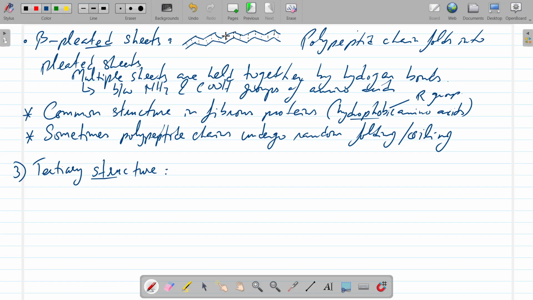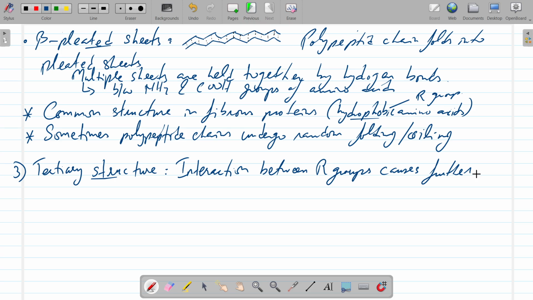The tertiary structure is where interactions between R groups cause further folding or coiling of the polypeptide chain.